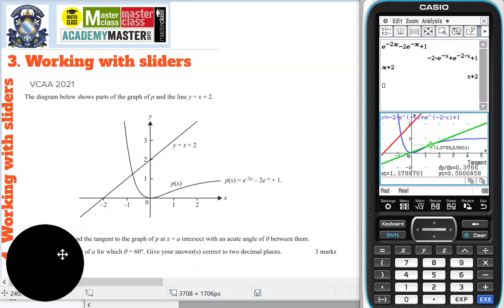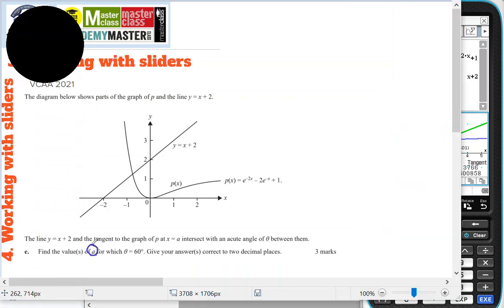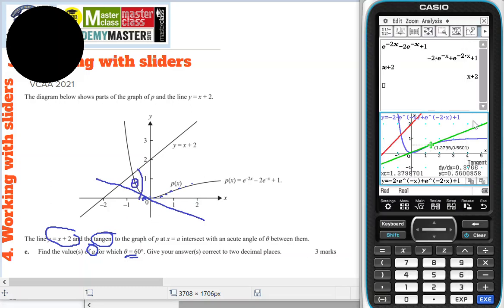So I'm wanting to know, find the values of A, that is, where am I going to place it along this curve, which will give a 60-degree angle between this line and the tangent. So if I place the tangent here and I get a tangent line like that, I'm looking for the angle between these two to be 60 degrees.